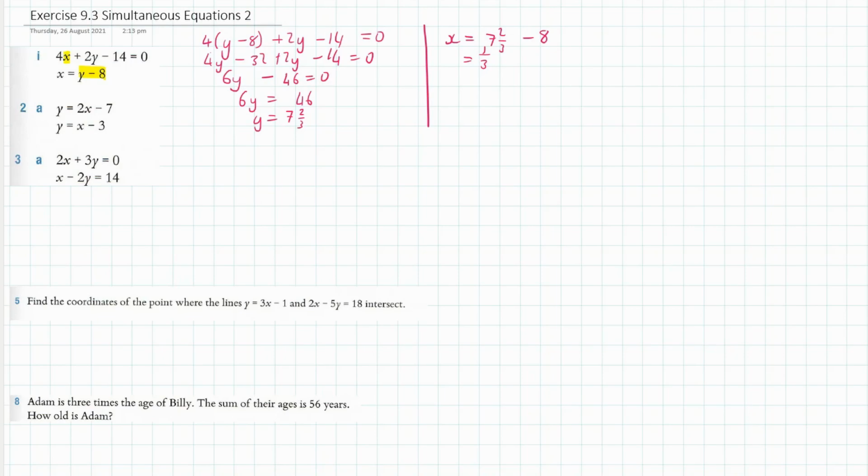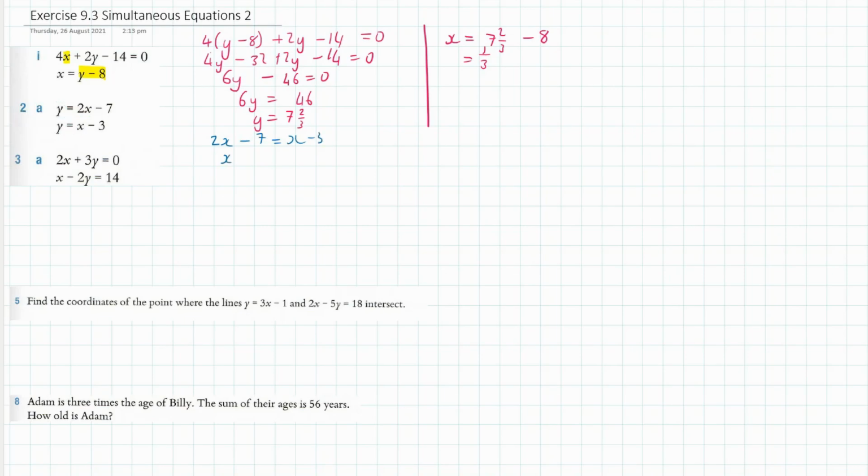Now let's look at the second one here. Similar idea, but you notice that both are in terms of y: y equals this and y equals this. So all we need to do is make the x expressions equal to each other. So for the second one, it's going to be 2x minus 7 is equal to x minus 3.